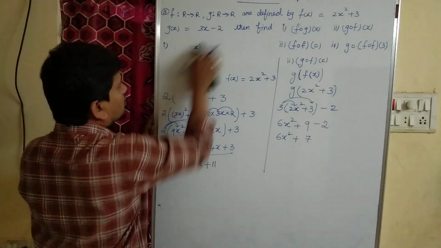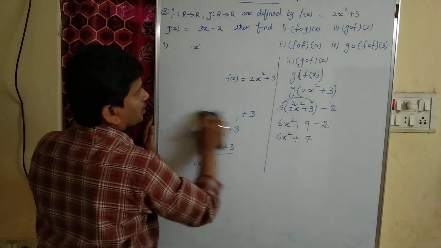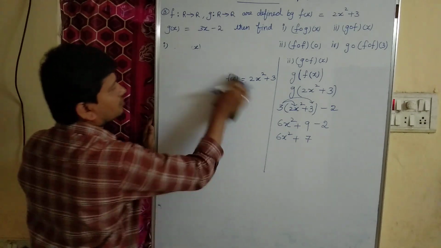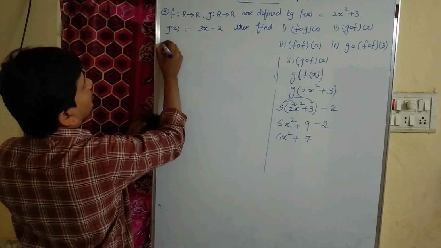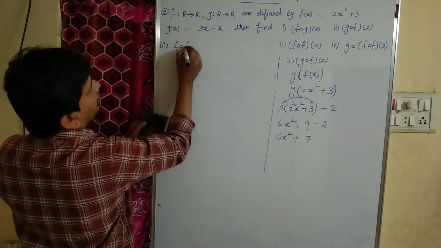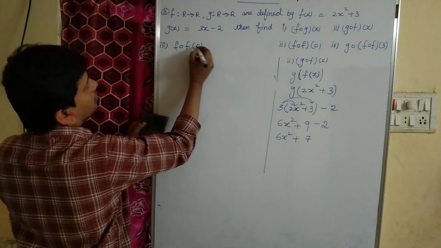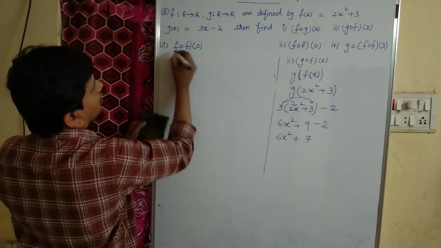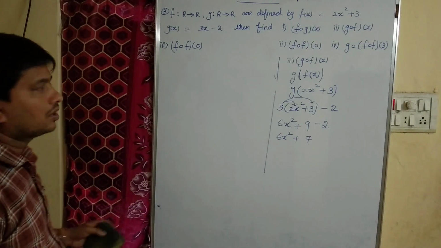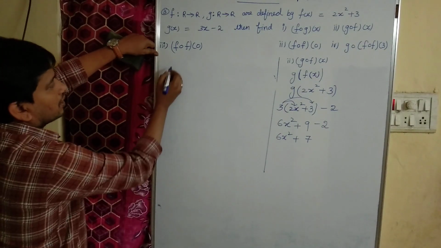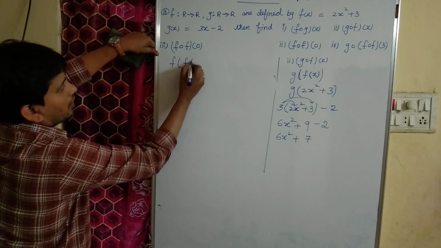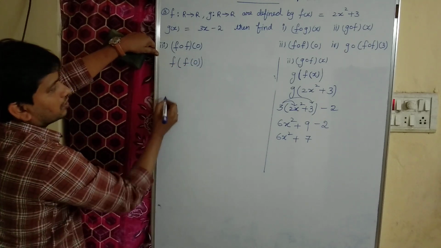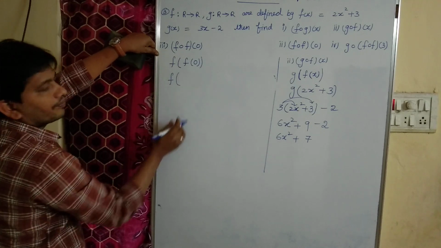Now coming to problem number 3, they are asking to find f circle f of 0. Right? How can I write this? Listen children carefully. f of f of 0.